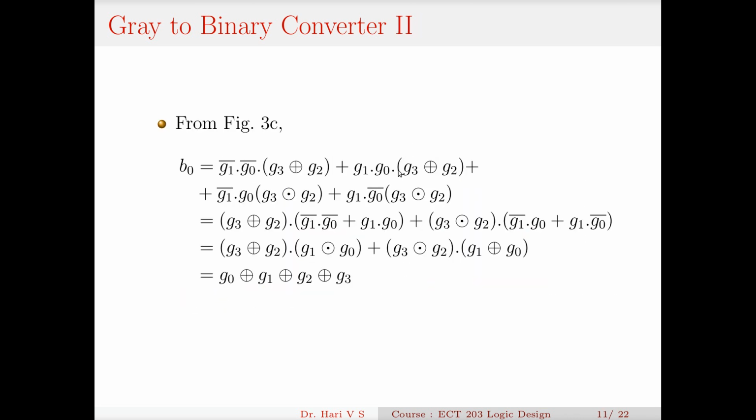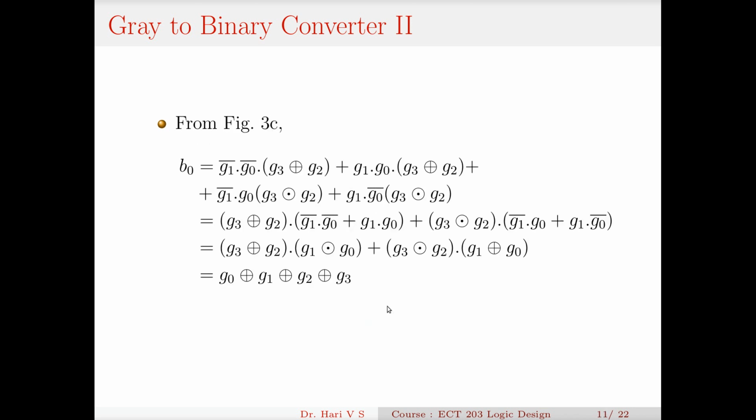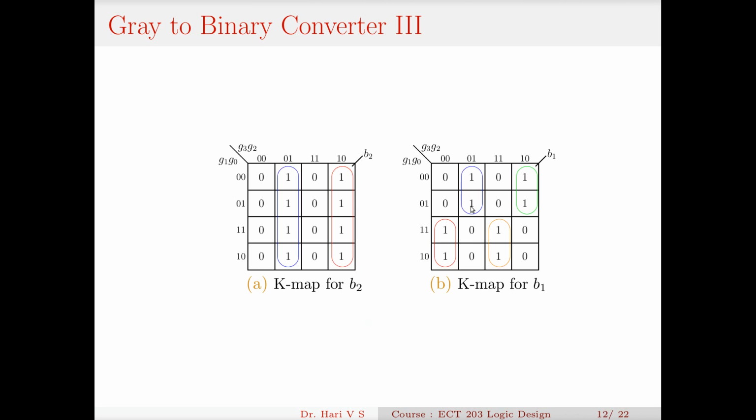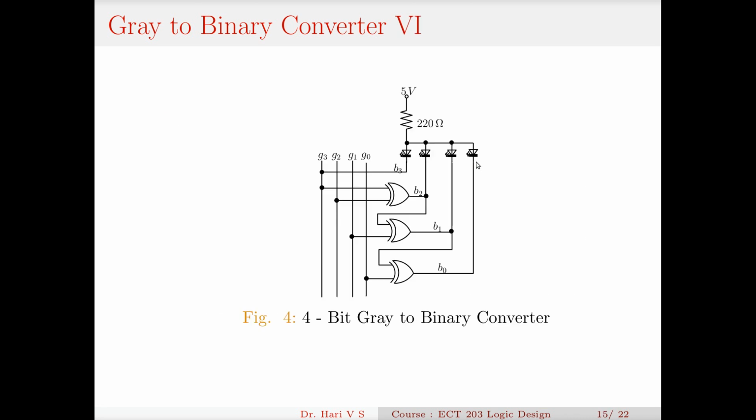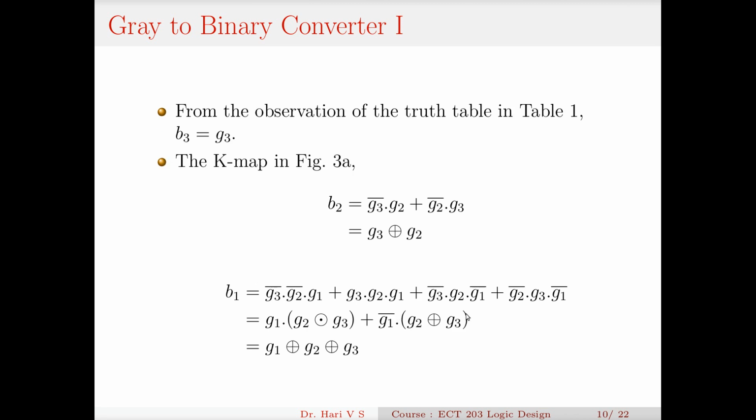Okay, you can expand this G1 G3 bar G2 bar, or next term will be my blue one, that will be my G1 bar G3 bar G2. G1 bar G3 bar G2 is there.